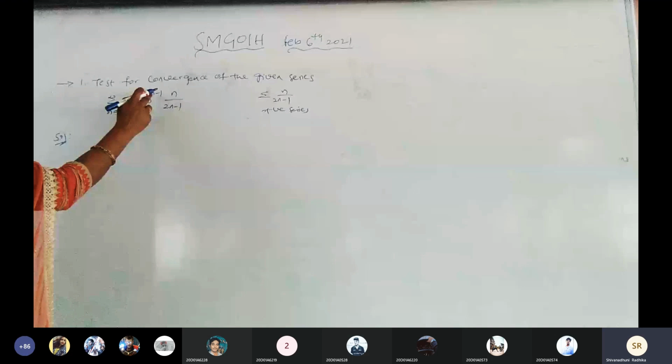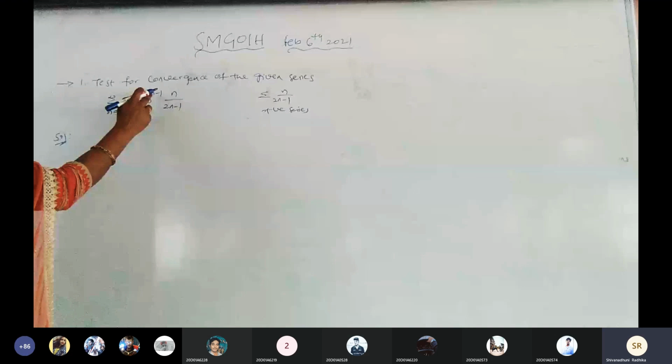Now what is the first condition here? The preceding value is always bigger compared with the succeeding element. The n values go from 1 to infinity.